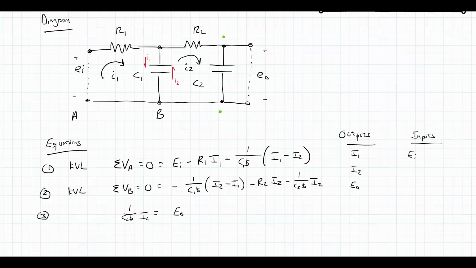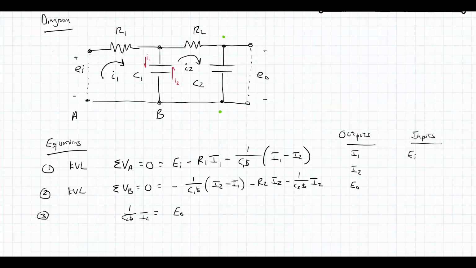So I do have a solvable system that I'm going to put into Mathematica in order to get my desired transfer function. Along the way, I can also get I1 over EI and I2 over EI.